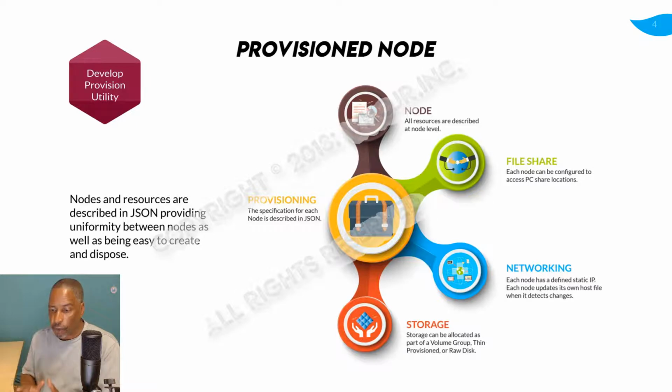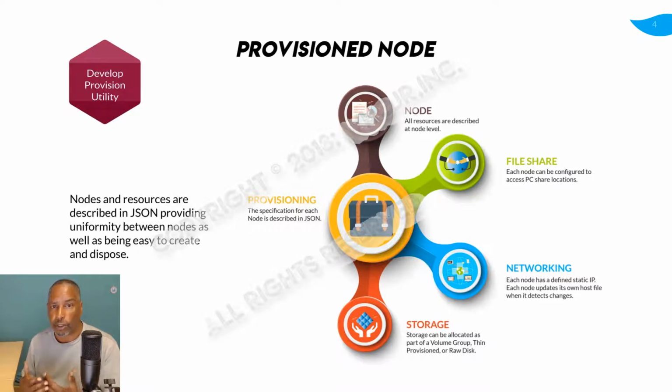So for storage on these individual nodes, we have 3 different types of storage systems which we can use. We will be able to create a volume group. We'll be able to do thin provisioning, and we'll just be able to have a raw disk of X size. We'll be able to specify all that.